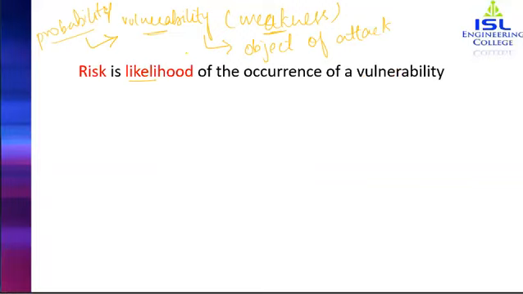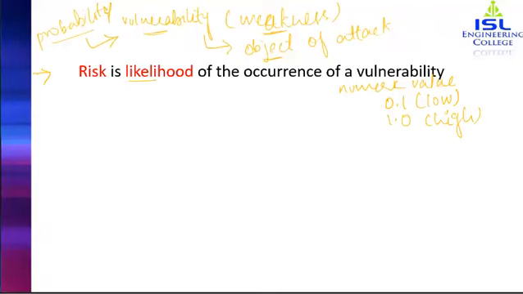Now, how are we going to identify whether this specific weakness is going to be the object of the attack? This can be done by giving numeric values to risks. We give a numeric value, which can be either 0.1, which means low, or 1.0, that is high. So the first point is that risk is the likelihood of the occurrence of a vulnerability.